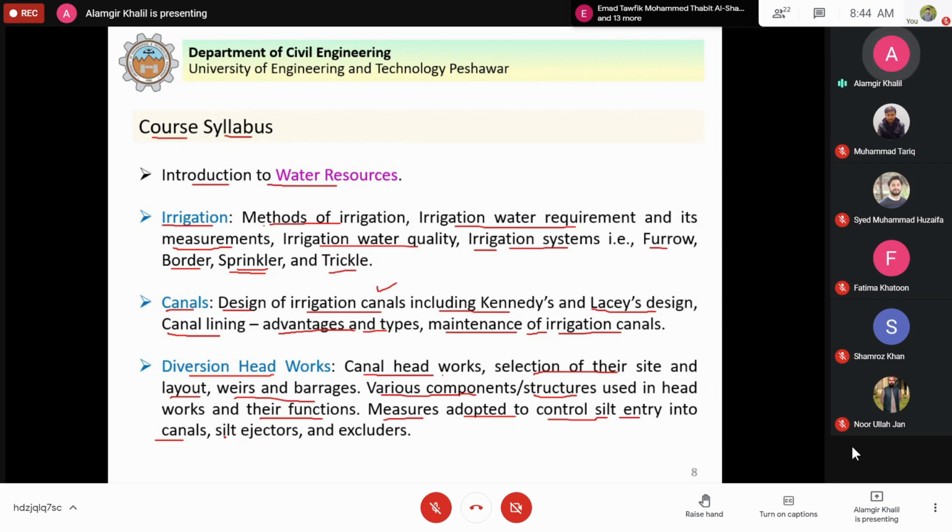For this purpose, we will study silt ejectors and silt excluders. These are the measures that are adopted to control the silt entry into irrigation canals.